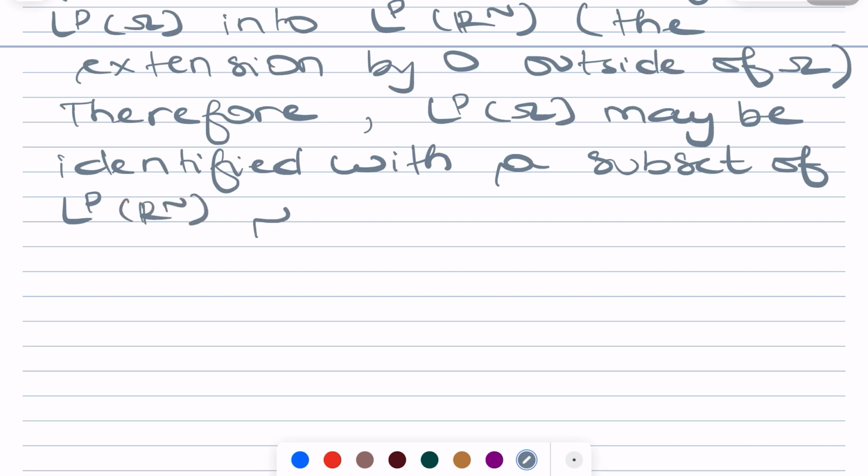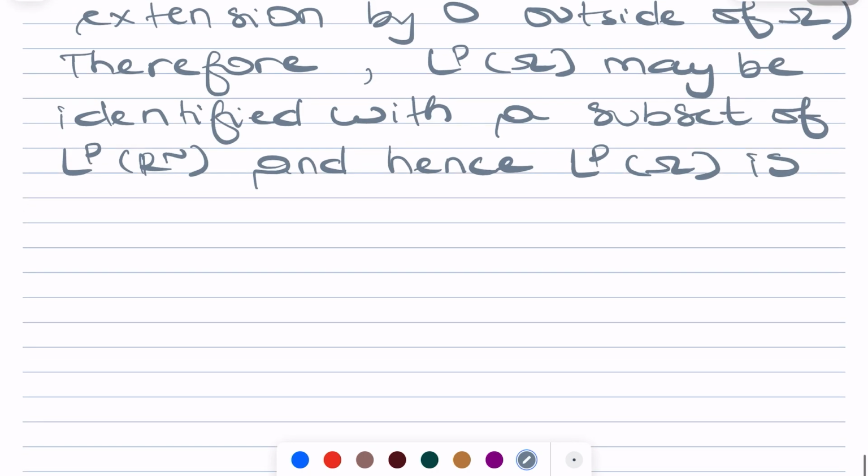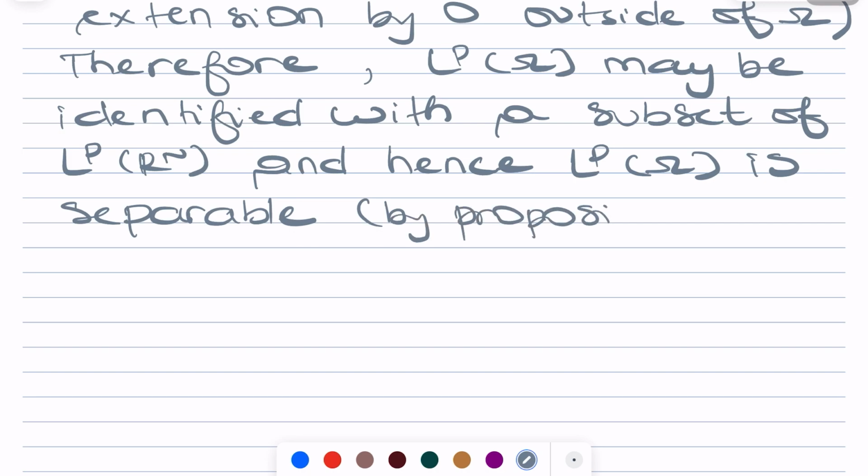And hence, I think we saw that when we talked about separable spaces, that any subset of a separable metric space, of course, is actually separable. And hence L^p of Omega is separable. And this was actually by Proposition 3.25. You can check it out.